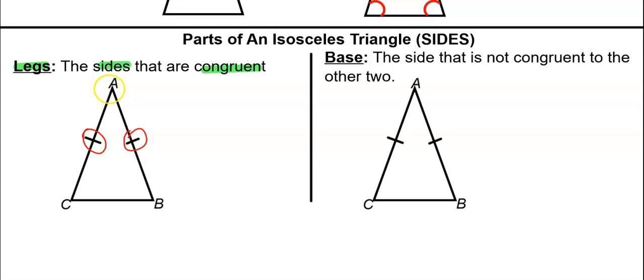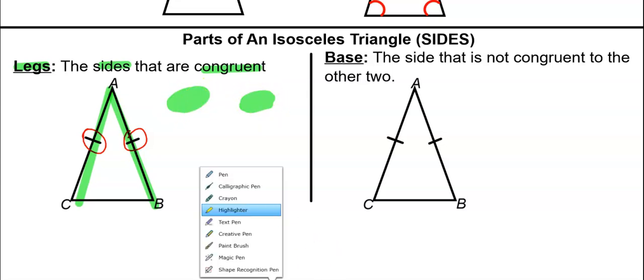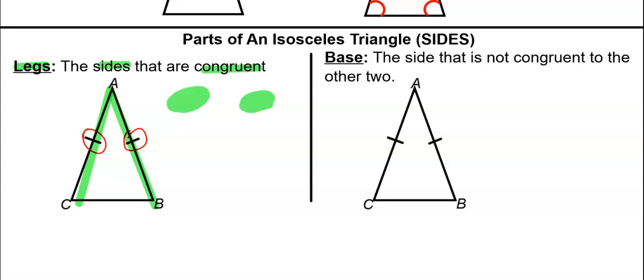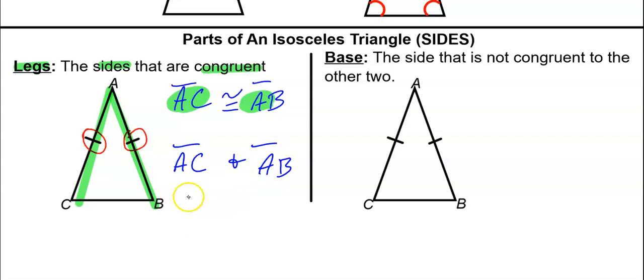That means I can make AC and AB the same length. I am being told that segment AC is congruent to segment AB. So segment AC and segment AB are the legs of this isosceles triangle.